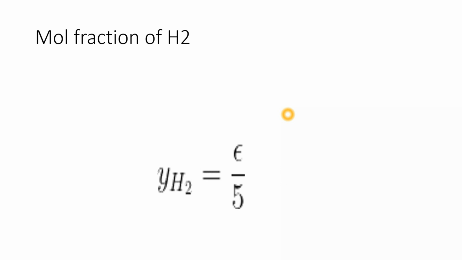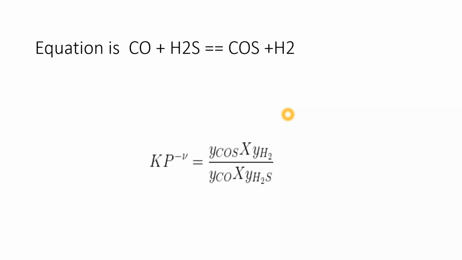Again, mole fraction of H2, YH2 is equal to epsilon upon 5, right? Next, the equation we have been given is CO plus H2S gives you COS plus H2, right? How can we write this?